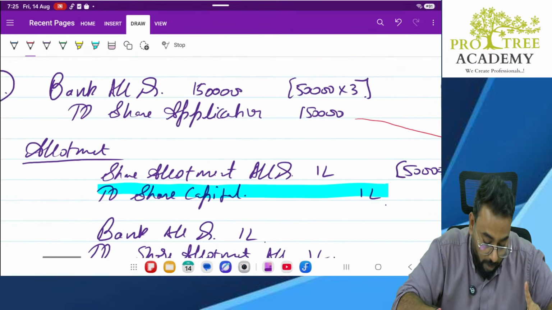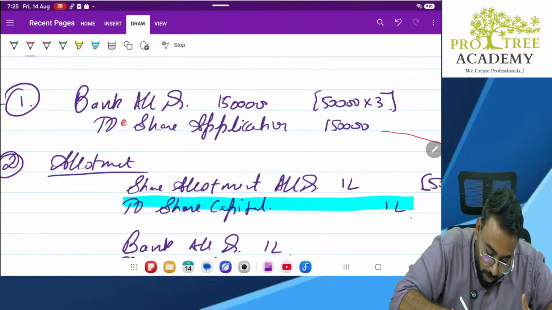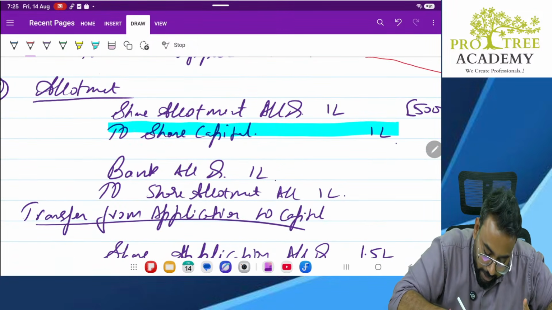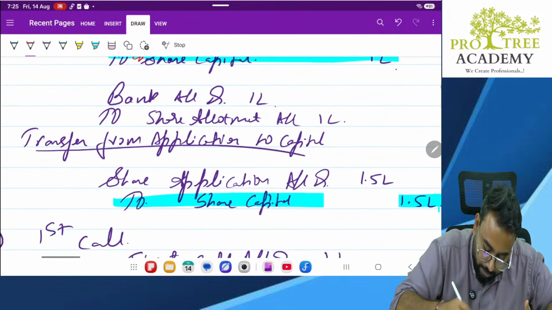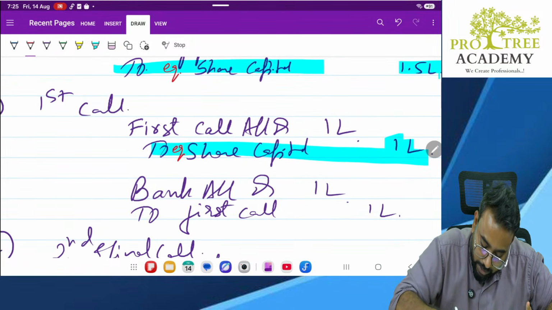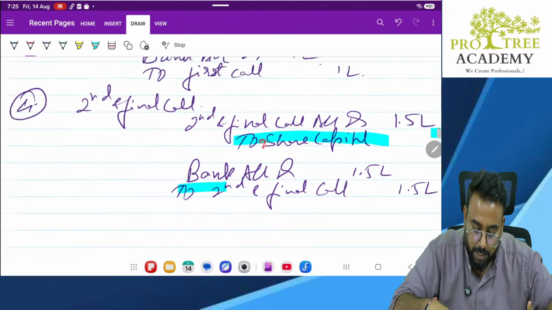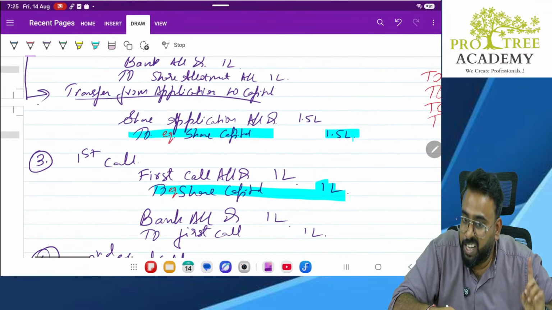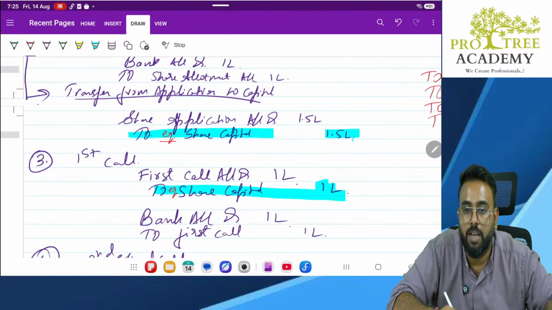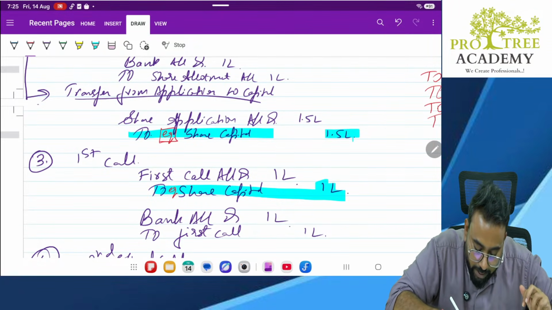Here, one more thing I want to address. I had forgotten. Here we use the word equity share capital. I have missed writing it. Equity share capital, equity share capital, here also equity share capital. Please be careful. If the shares are equity, then we write equity share capital. If the shares are preference shares, instead of writing equity, we will write preference shares.